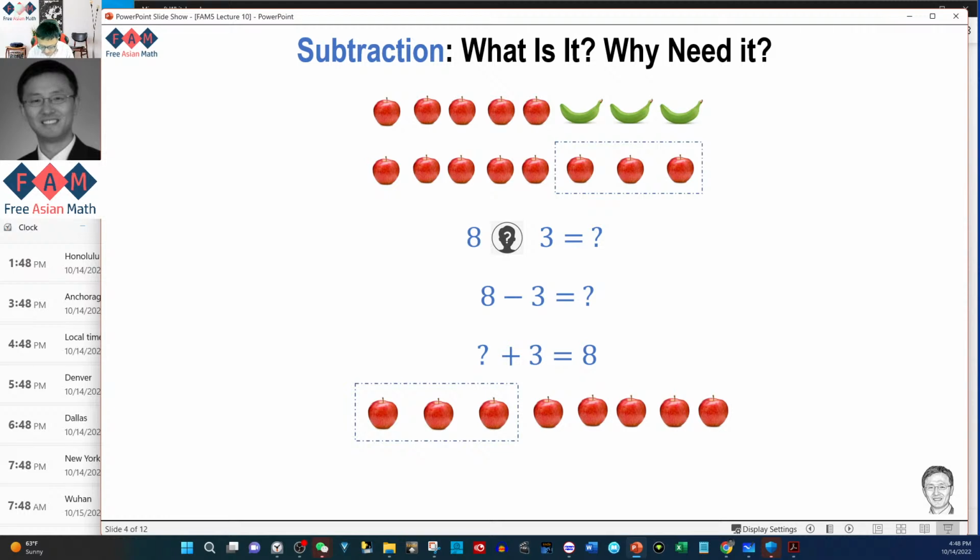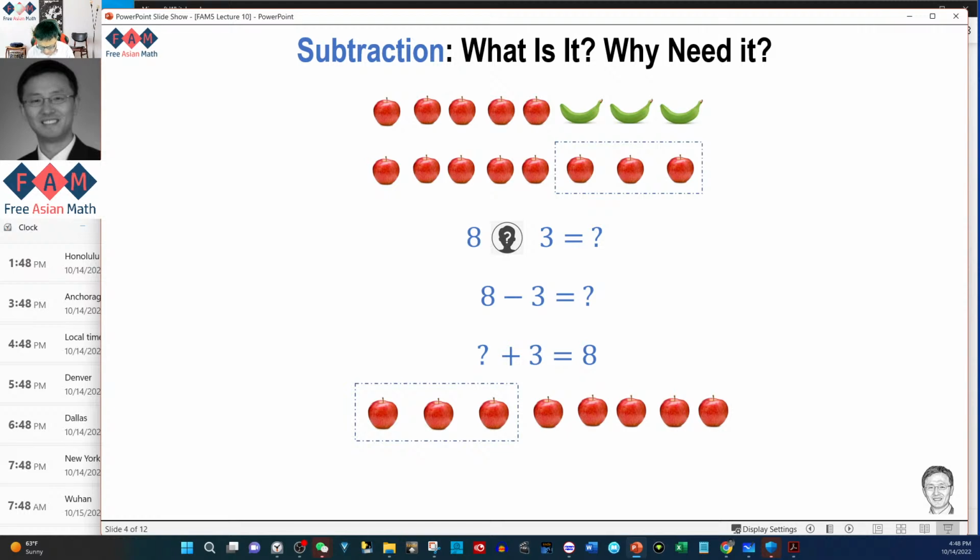Well, if we remove these 3 apples from the end, we should write this addition equation with the question mark in this way: question mark plus 3 equals 8, because we count that the last 3 is always the thing being added.